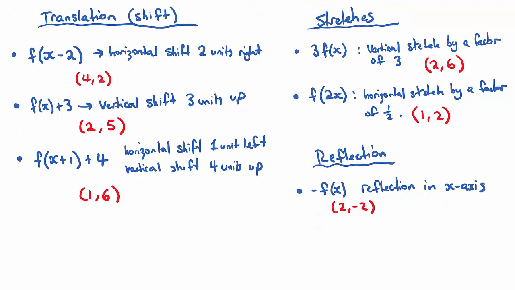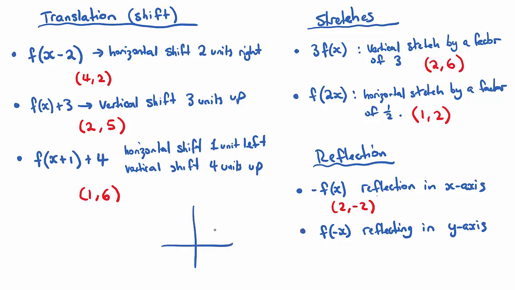Okay, and finally, the last reflection, let's get our blue pen, will be f of -x, just like the questions before. If it's inside the bracket, all the x values will change. So this is reflecting in the y-axis.